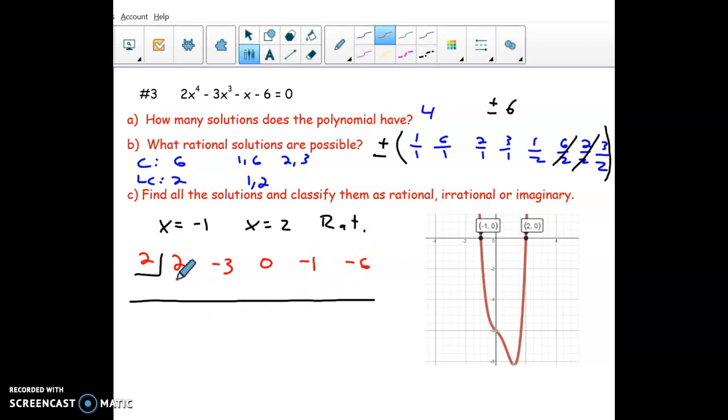Right, and then synthetic divide, so drop the 2, multiply to get 4, add, multiply with the window, add, multiply with the window, add, multiply with the window. Okay, and things look good because we got remainder 0.